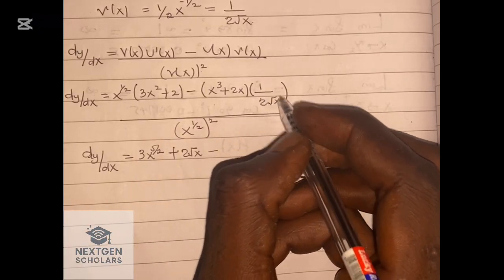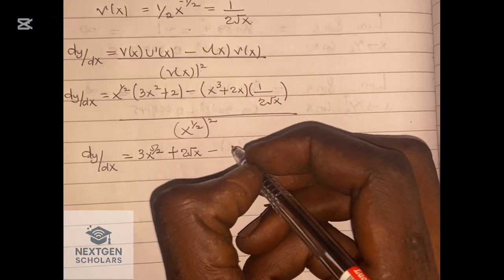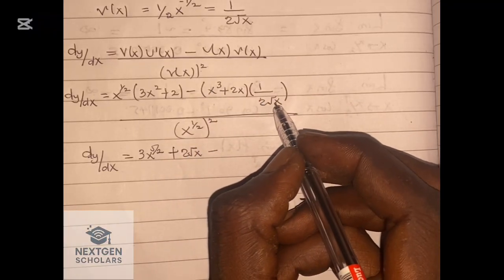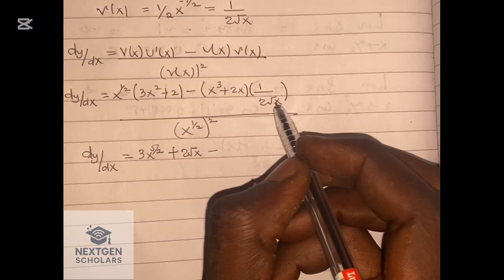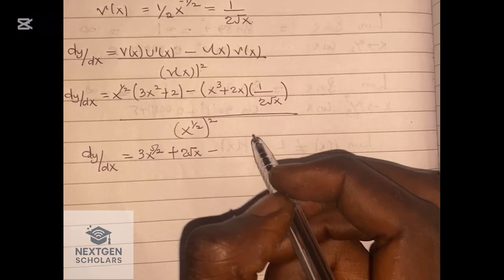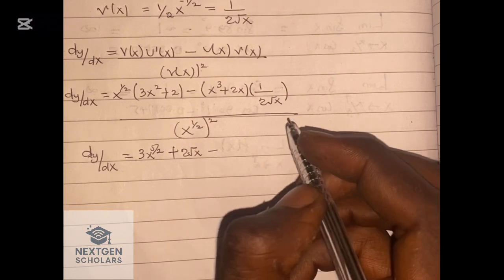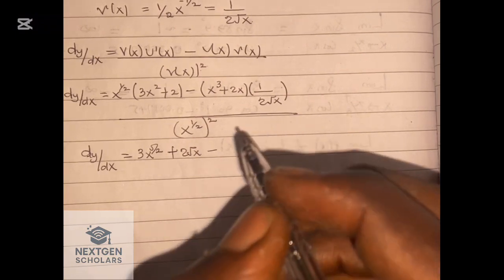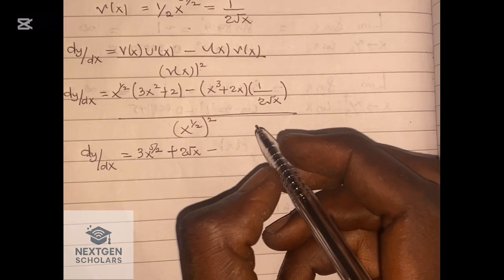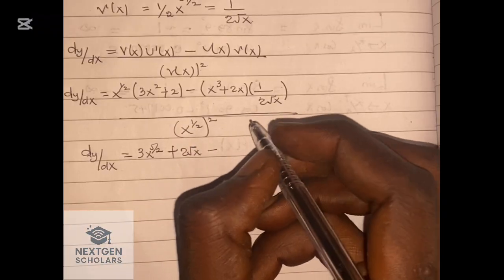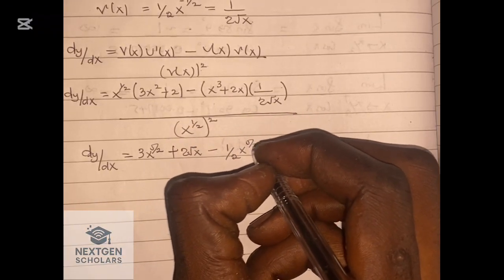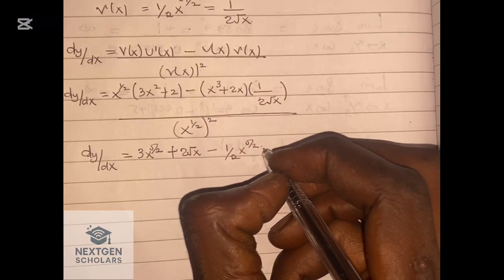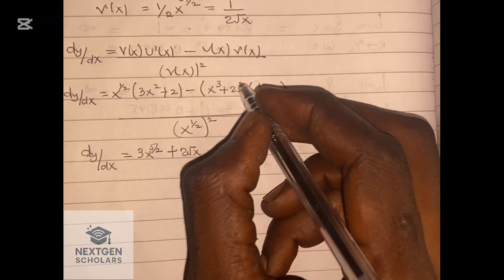Now this multiplied by this will give us, we already see this as half here, 3x cubed, so 3 minus half. What is 3 minus half? It is 2 and a half, and that is 5 over 2. So we have 1 over 2 times x to the power of 5 over 2, and plus this, we cancel this.